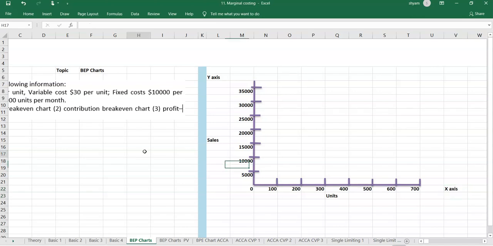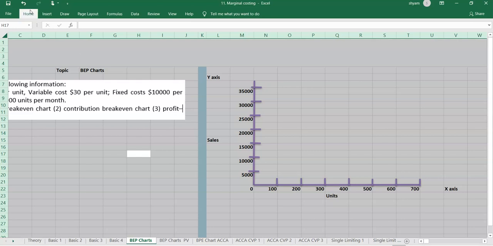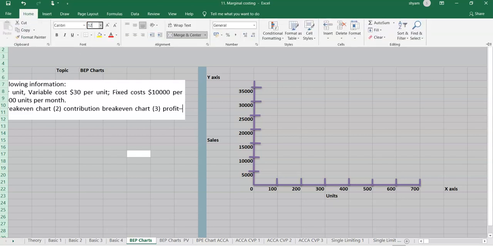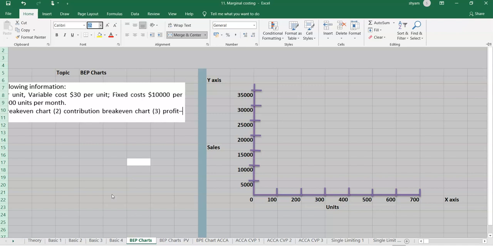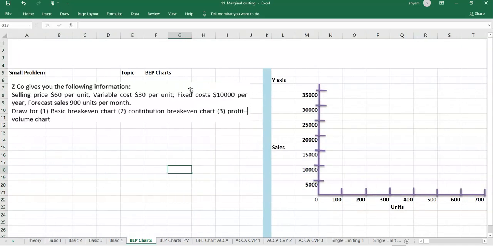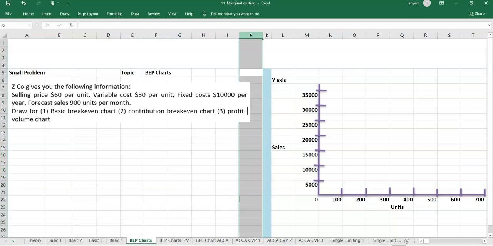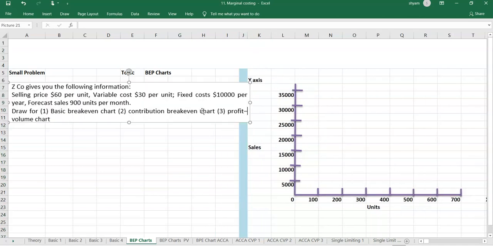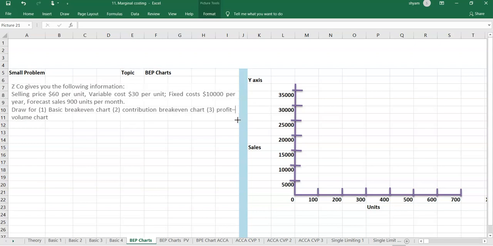Okay, units sold or units produced. So we'll start. We have to create a chart here.